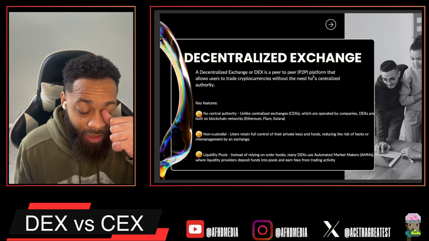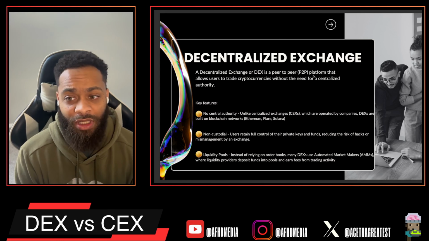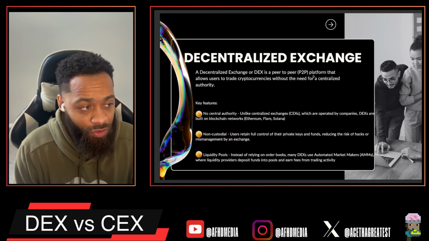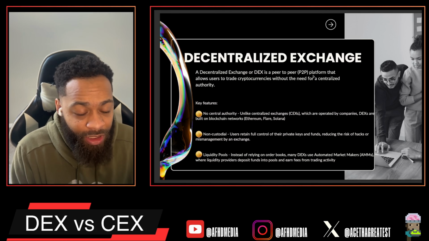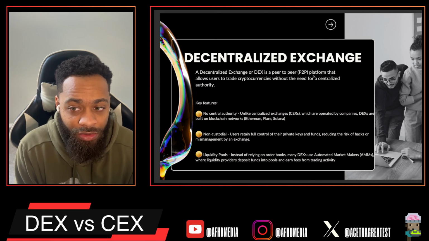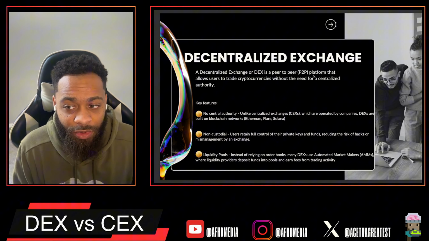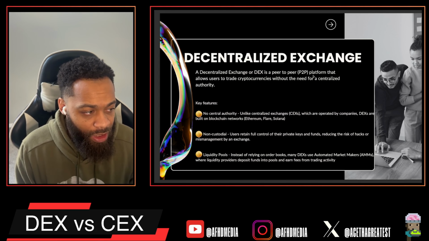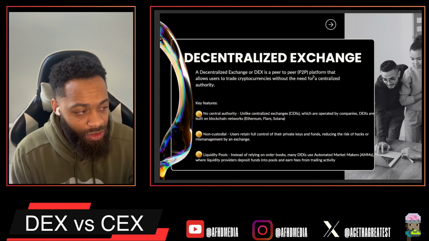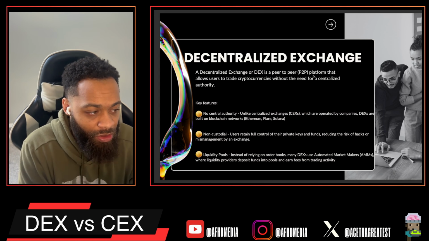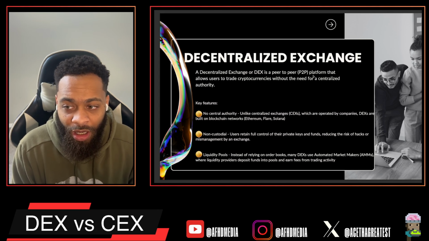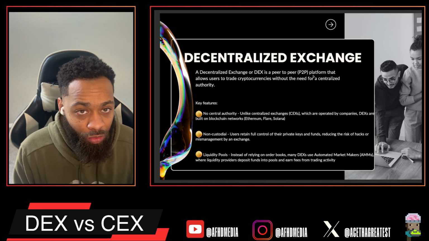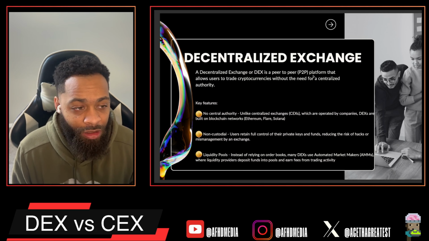All right, so the next one. We have decentralized exchanges. Essentially, a decentralized exchange, or a DEX for short, is a peer-to-peer or P2P platform that allows users to trade cryptocurrencies without the need for a centralized authority. So, some key features related to that. It's definitely the no central authority aspect of it. So, unlike centralized exchanges, which are operated by companies, DEXs are built directly on the blockchain network.